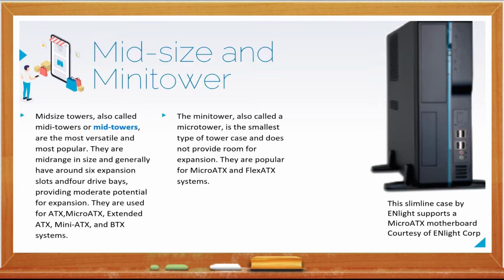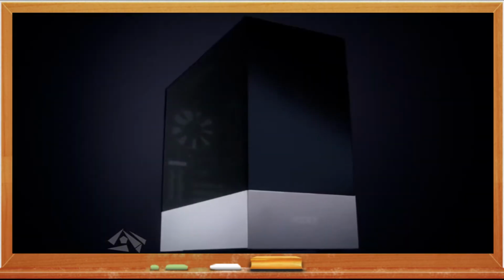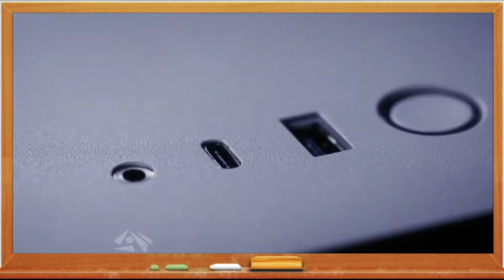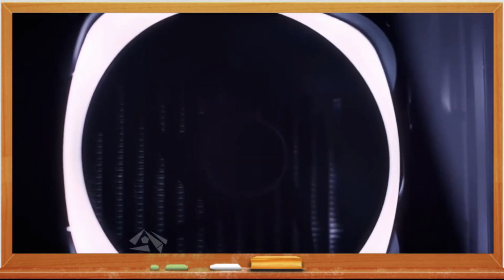The mid-size tower, also called midi tower or mid-towers, are the most versatile and most popular. They are mid-range in size and generally have around 6 expansion slots and 4 drive bays, providing moderate potential for expansion.